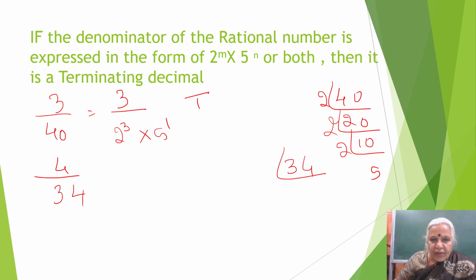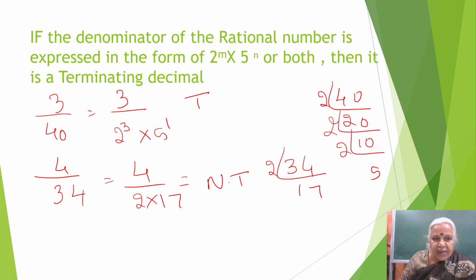It is 2 1s are 2, 2 17s are 34. That means 4 by 2 into 17. If you divide, it will not terminate. It will be a non-terminating decimal.